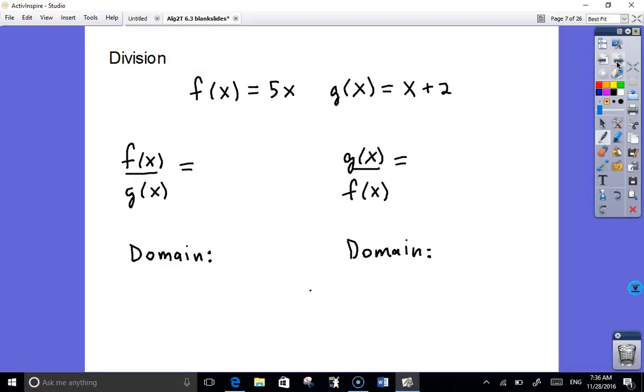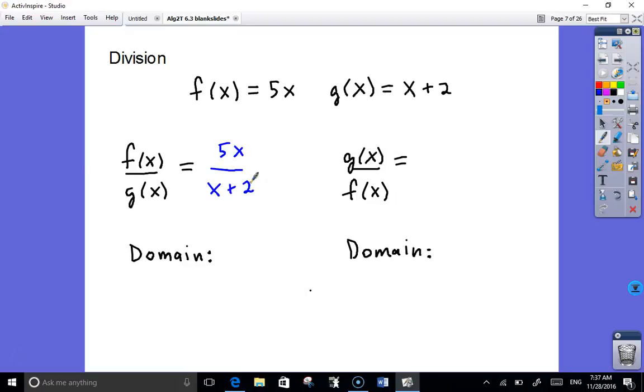Okay, divide. Now it gets a little trickier, because even though we're starting with two polynomials, when we divide, the result is not a polynomial. If I divide f of x by g of x, now I have an expression in the denominator that could equal 0, and I have to make sure that doesn't happen.